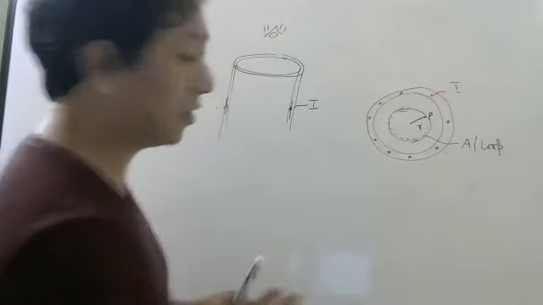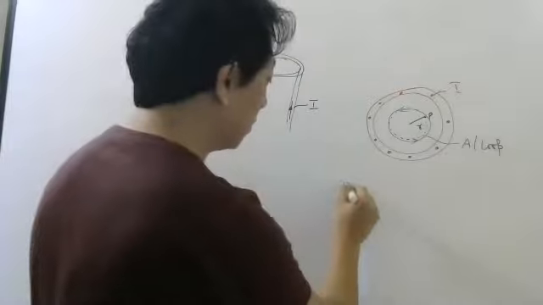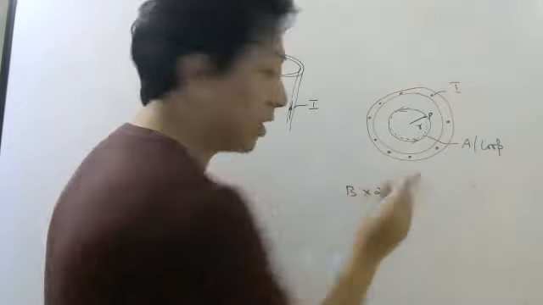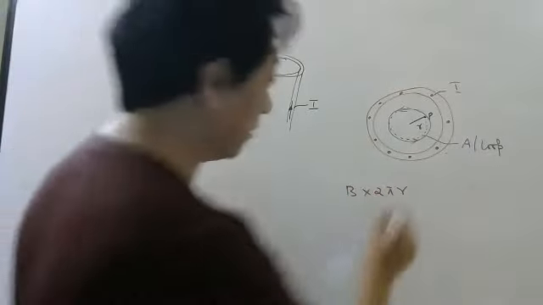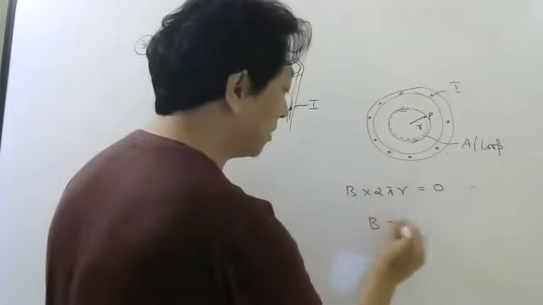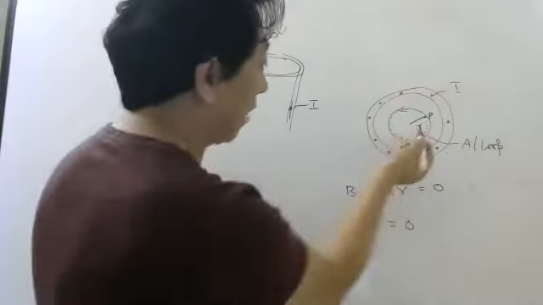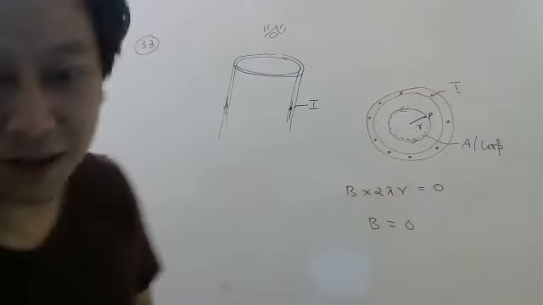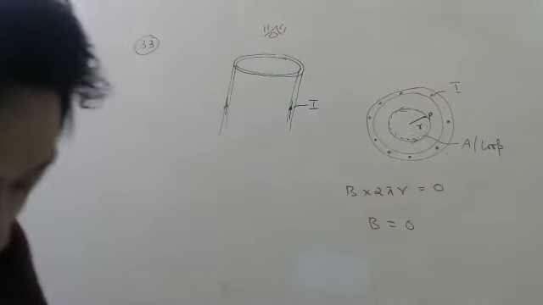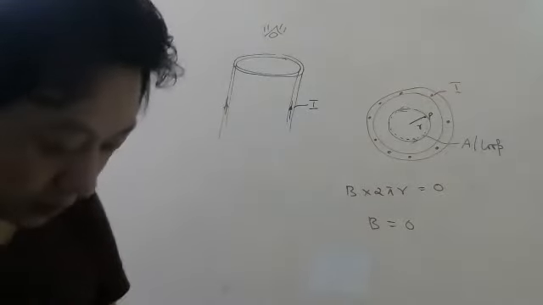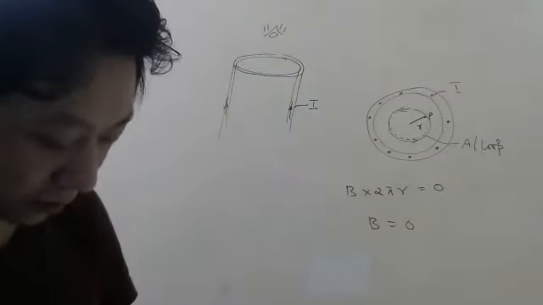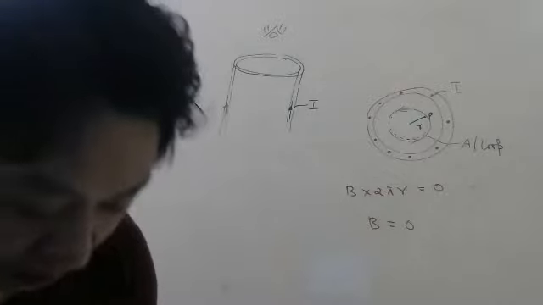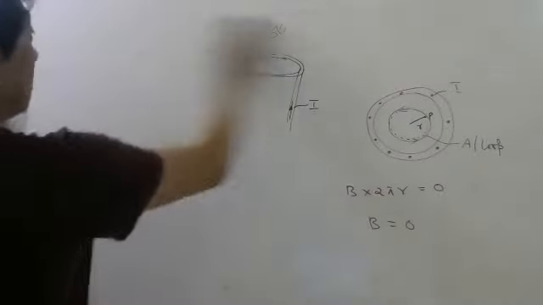Then B into 2 pi r, which is the left side of Ampere's circuital law, if this is 0, B has to be 0, because r cannot be 0. r is this radius; I can imagine any radius I want. So please keep this in mind: inside a hollow tube, the magnetic field is 0. Now see the 34th question.